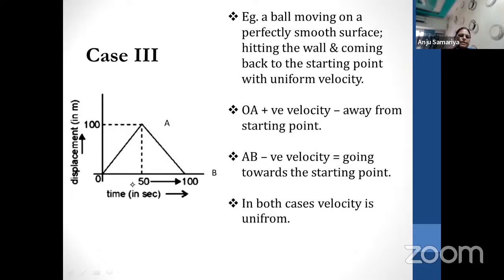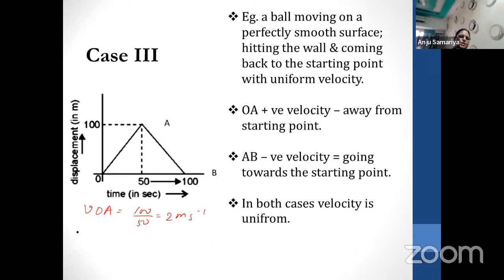How can we say that it is uniform? You see 100 meters in 50 seconds, again 100 meters in 50 seconds. Look here, displacement final 100, initial 0. What is the velocity for OA? 100 upon 50, so 2 m s^-1.